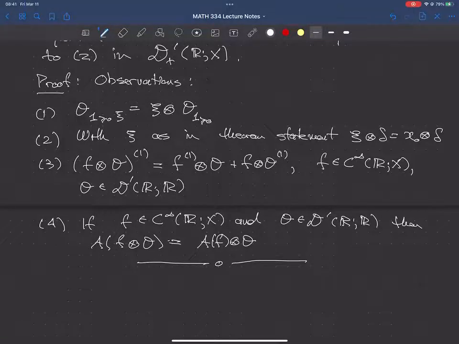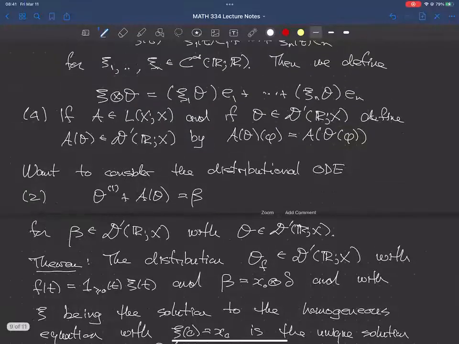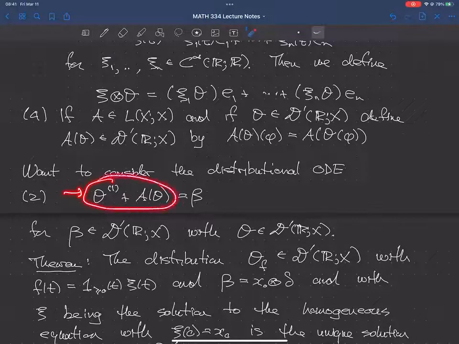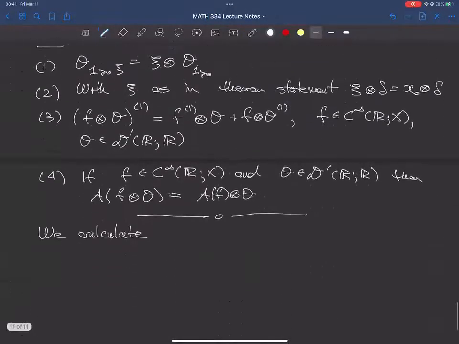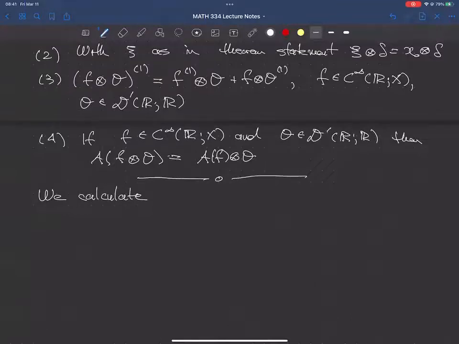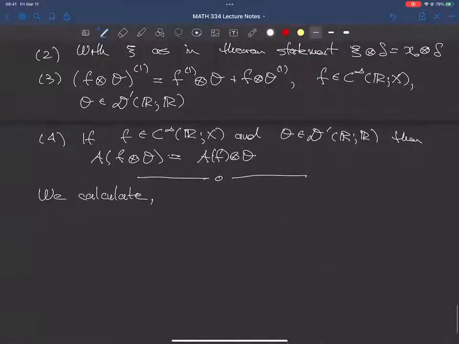Okay, so we calculate. Our distributional equation is this one, right? So I need to calculate that. Again, I'm assuming that I have a solution in the form that I have stated.